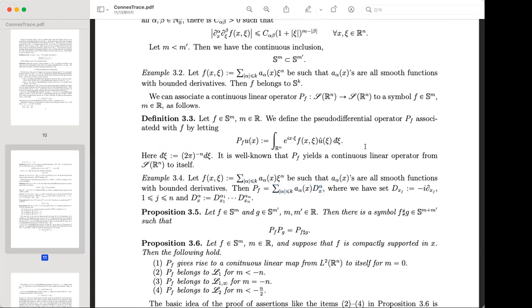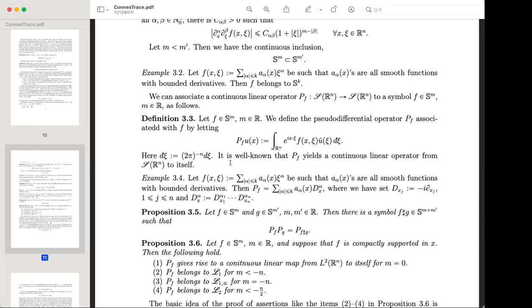Here the capital D_x to the alpha is defined like this, where the capital D is just the usual partial derivative times minus the imaginary unit i. I think you would be able to see this at least formally, due to the property you learned in Fourier analysis.